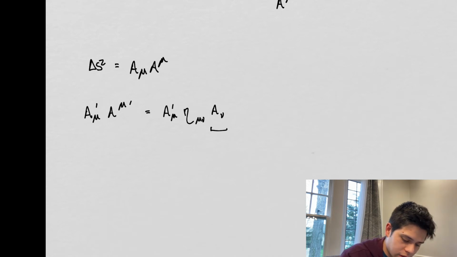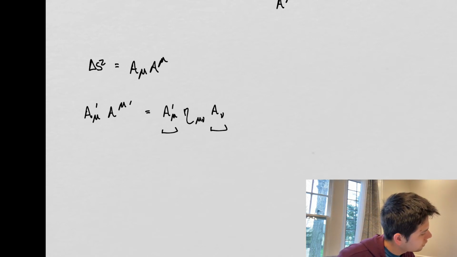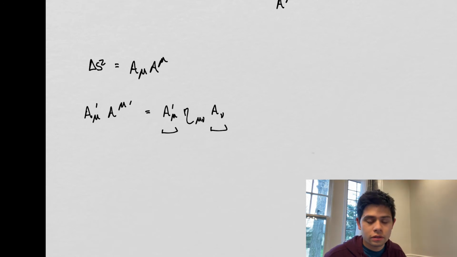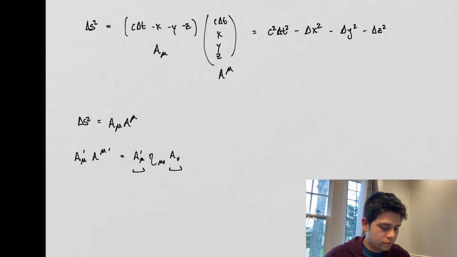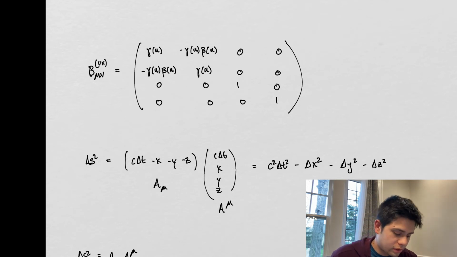So now what we want to do is rotate this guy. We can rotate this guy, and we can rotate this guy right here. So to do that, in the book, again, the book is using a rotation matrix, but let's use our beta matrix, or our boost matrix.